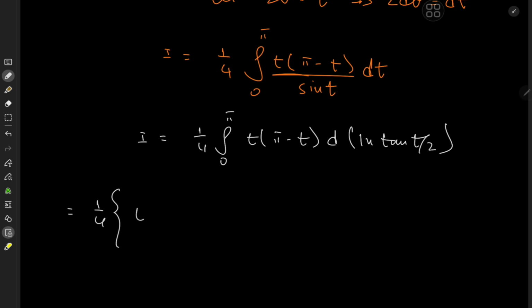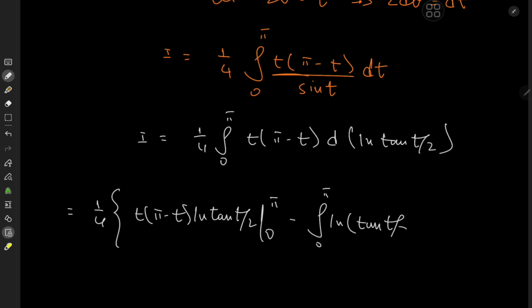Well, we have t times pi minus t log tangent t over 2, from 0 to pi, minus the integral from 0 to pi of log tangent t over 2 times the derivative of the other function, that's pi t minus t squared, so that sorts out to pi minus 2 times t dt.